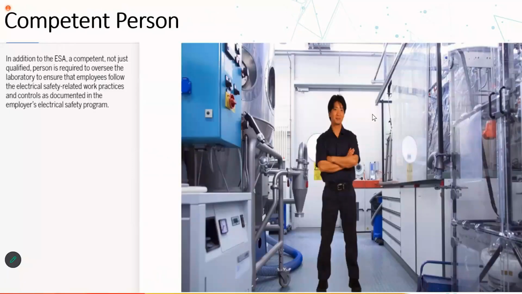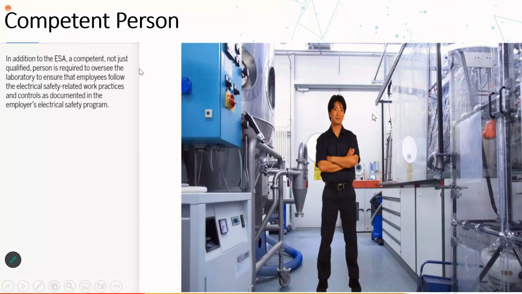In addition to the ESA, Electrical Safety Authority, a competent person, not just a qualified person, is required to oversee the laboratory and to ensure that employees follow the electrical safety related work practices and controls as documented in the electrical safety program. So the competent person is also responsible to ensure that employees are following those practices.